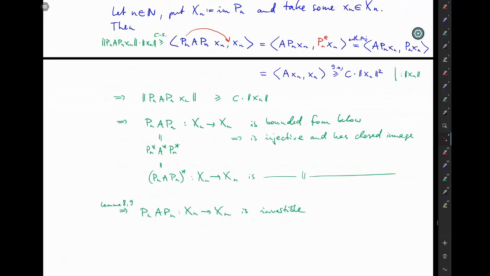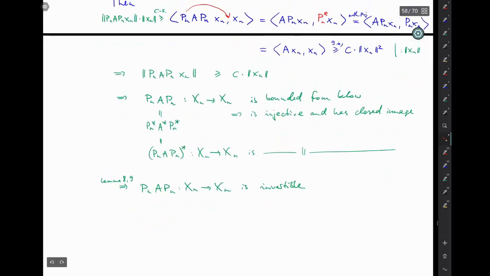And for stability, we still need boundedness of the inverses of these operators. Well, how do we get this? We get it from here, from the fact that they are bounded from below by the same constant c that does not depend on little n, only on A.